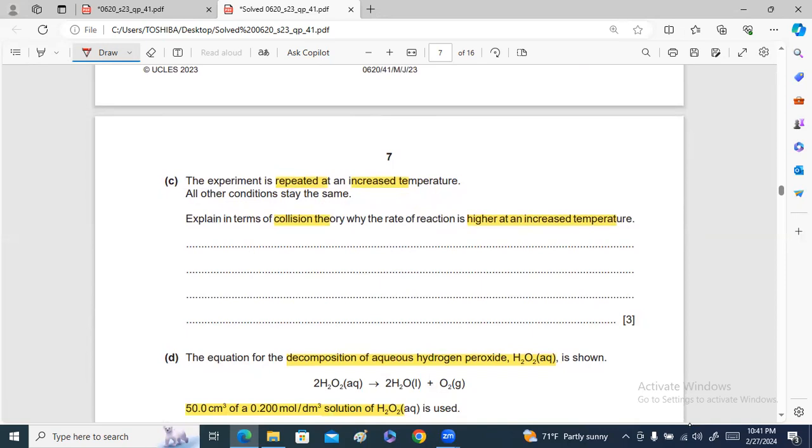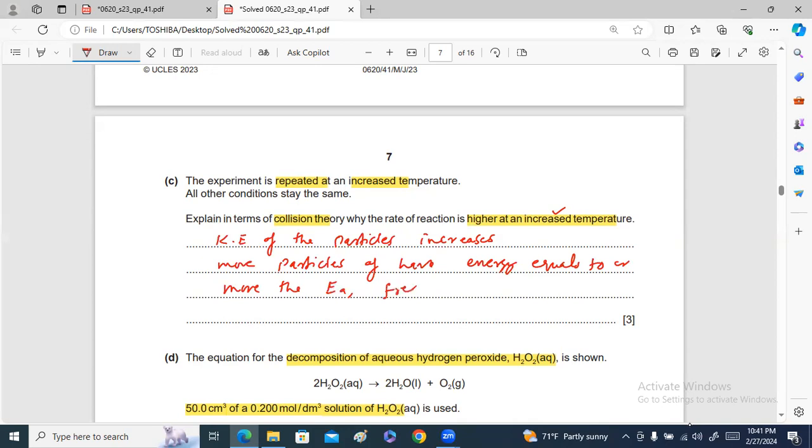Explain in terms of collision theory why the rate of the reaction is higher at increased temperature. We know that the rate of the reaction increases by increasing temperature. So when the temperature increases, first of all, the kinetic energy of the particles increases, and more particles have energy equal to or more than activation energy.